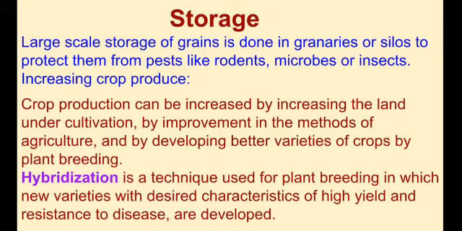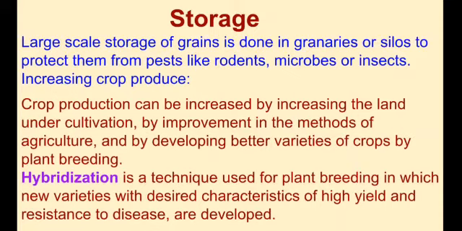Hybridization is a technique used for plant breeding in which new varieties with desired characteristics of high yield and resistance to disease are developed. This is a method by which we can design our own variety of crop. We can get the proper size and the proper color whatever we want.